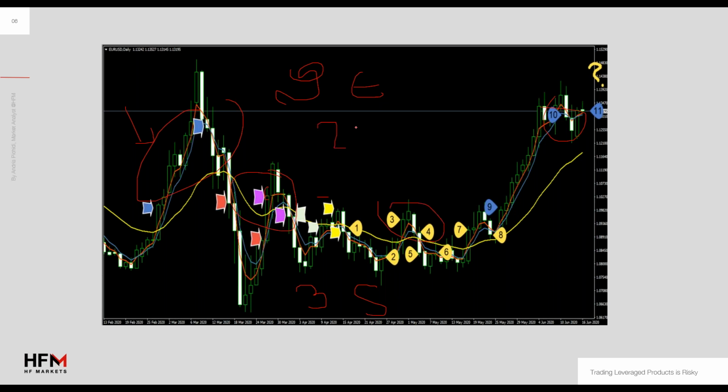So 2 out of 9 would have ended in loss, but all the rest, so 7 out of 9, will be in profit. So you see that the chances are in your favor.